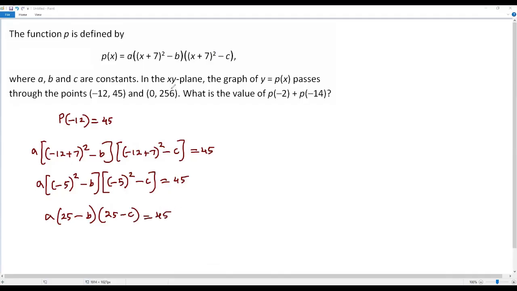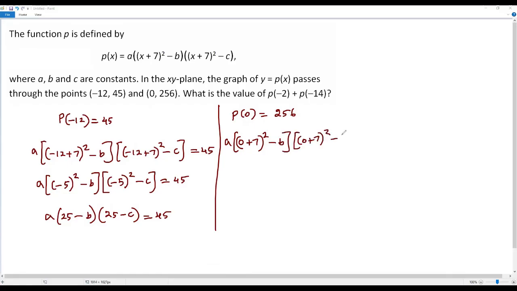Now, let's consider the other point, that is (0, 256). The x coordinate is 0 and the y coordinate is 256. The value of the function p of x is 256 when x equals 0. So we can write this as p of 0 equals 256. Now, to get p of 0, we have to plug in this 0 for x over here and here in the given function. Then we get a times (0 + 7) squared minus b times (0 + 7) squared minus c.